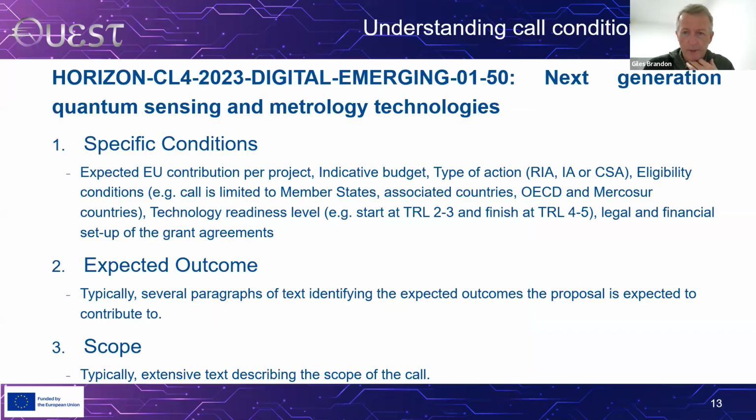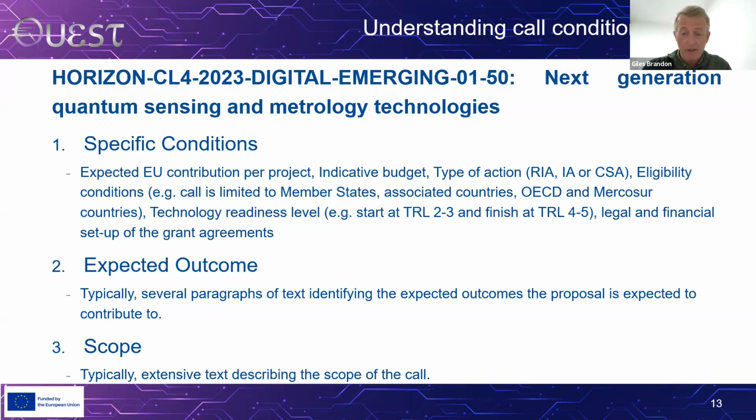So, still on this topic about understanding call conditions, what I'm showing here very briefly on this slide is some of the call text for a call that appeared in 2023 in Horizon under Pillar 2, Cluster 4. This is the cluster dealing with industry and ICT.